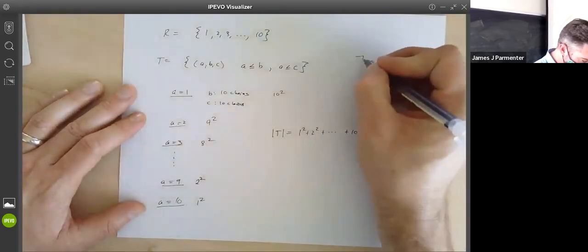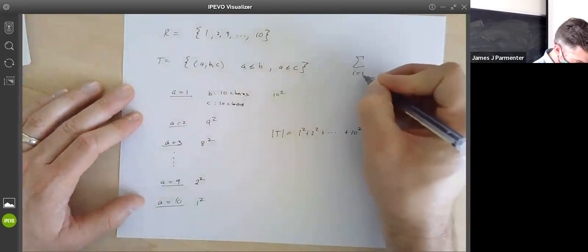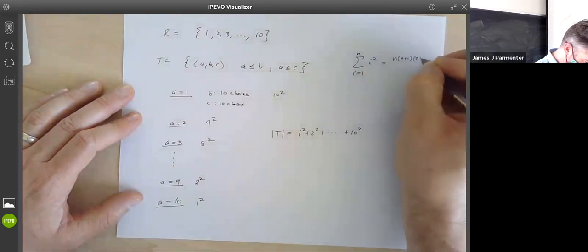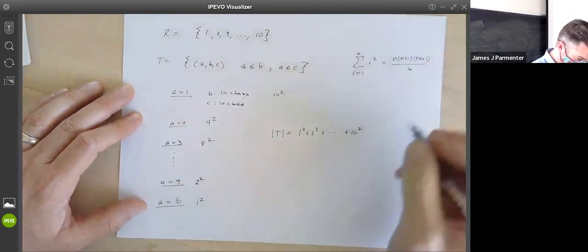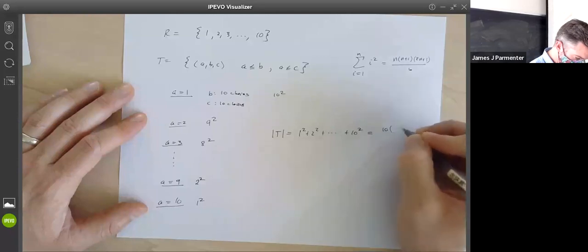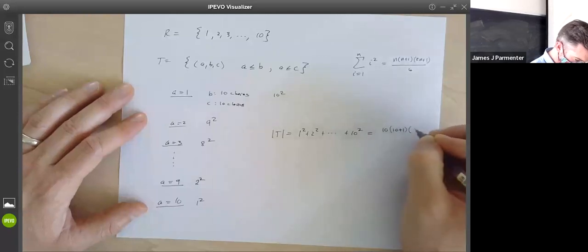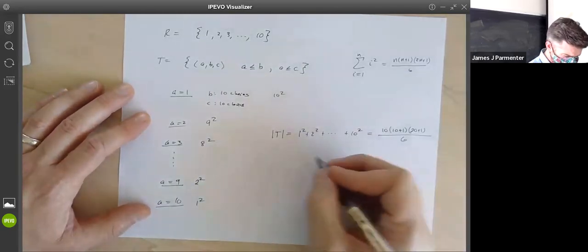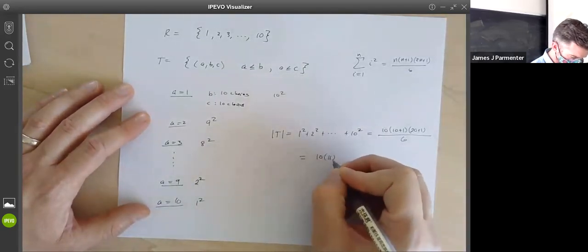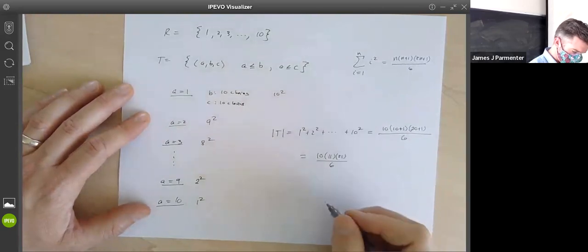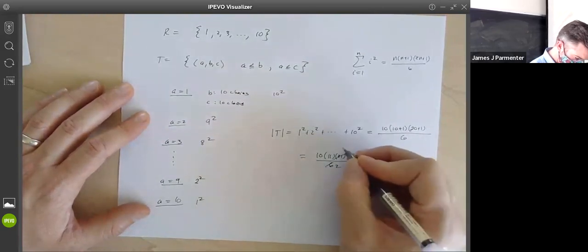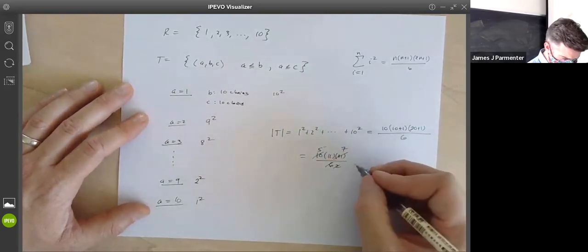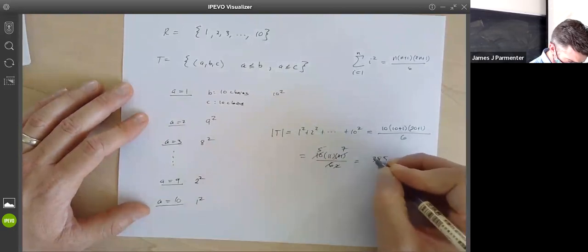Which, if you're using the formula that the sum from i equals 1 to n of i squared is n times n plus 1 times 2n plus 1 over 6, this would be 10 times 10 plus 1 times 20 plus 1 all over 6, which is 10 times 11 times 21 over 6. I don't know, 55 times 7, 385.